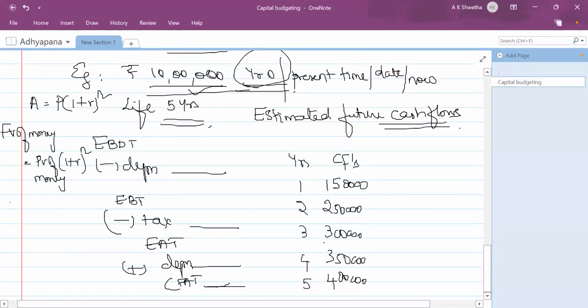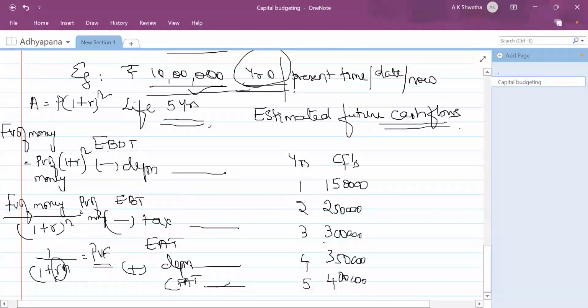So here, the future value of money, which is known to me for the 5 years, when I divide it by 1 plus r to the power of n, I will be getting the present value of money. So what is this 1 divided by 1 plus r to the power of n? This is what you call as the present value factor, where r is the cost of capital for investing in the project.